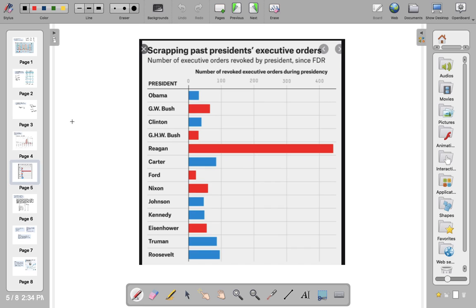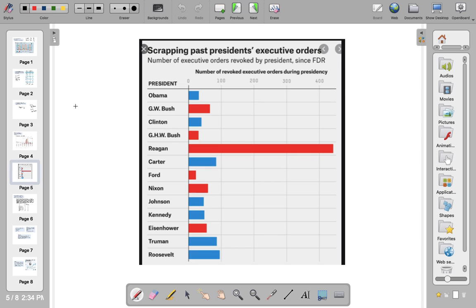And the one thing I always point out is that executive orders are impermanent. What that means is, for an executive order to be repealed, all it takes is a new president to sign an executive order repealing all of a previous president's executive orders. So your executive orders will really probably only be in force during your presidency.